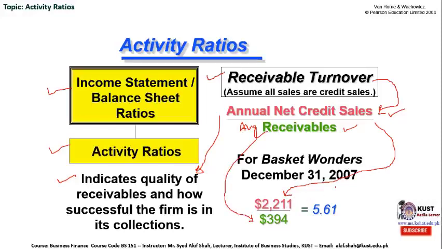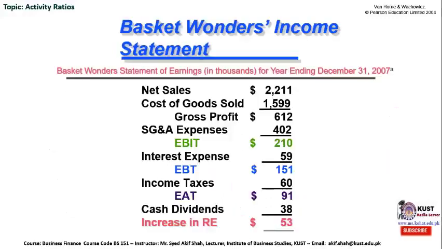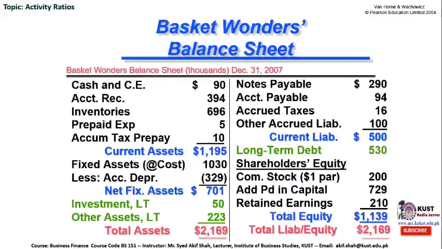Now let us check these data in the relevant financial statement. This is the balance sheet where we can get the data pertaining to the account receivable, which is 394. So we can collect the account receivable data from the asset side of the balance sheet. However, to get the sales related data, we have to go to the income statement.